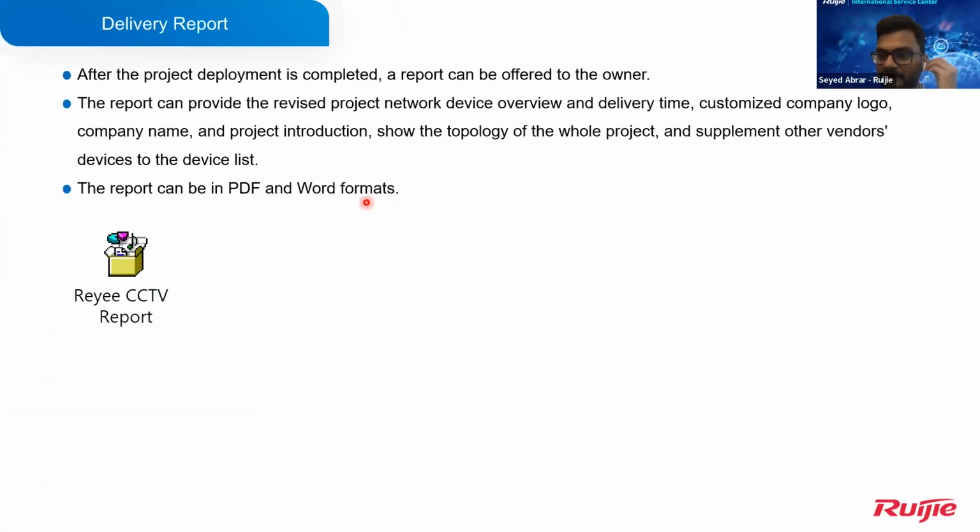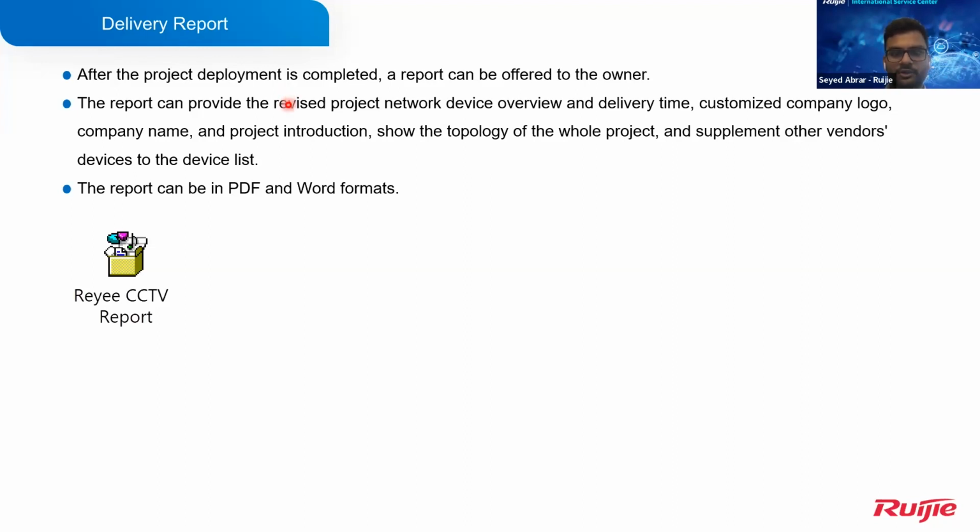The next one is the delivery of the reports. Once you complete your project, your business owner or the property owner wants to know about the project report after delivery, right? So we can generate the project report from our Reyee cloud. From the Reyee cloud, you can customize some information.